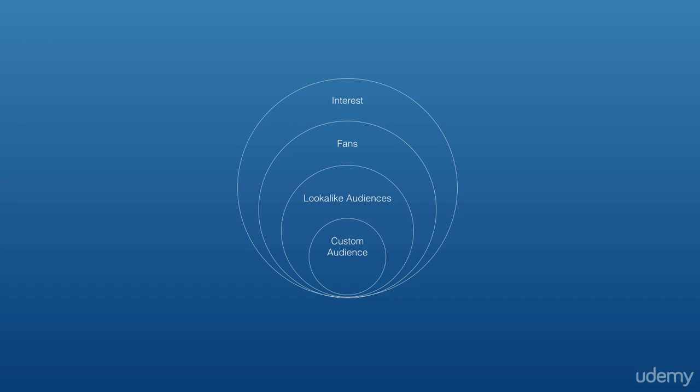But at the same time, start acquiring a custom audience. Start getting email addresses. Make sure to have a retargeting pixel installed on your website. So as soon as you're getting website traffic, you can re-engage with these people on Facebook. And just upload the phone numbers of your users. If you have an app, make sure to connect with your app users on Facebook.